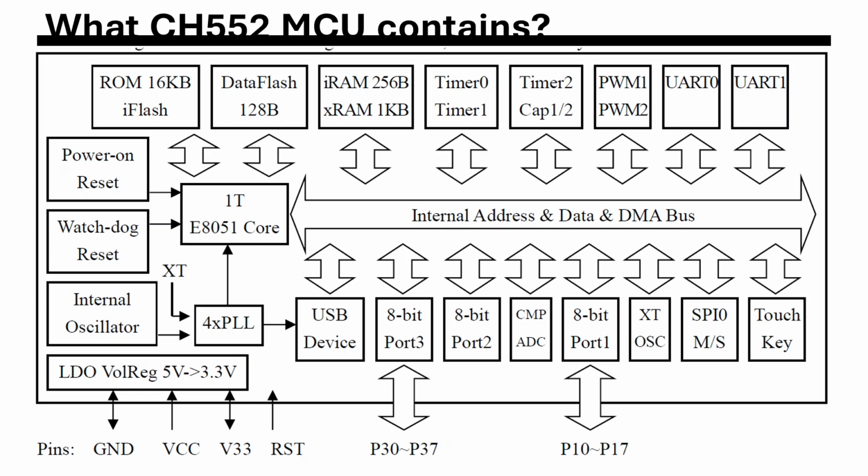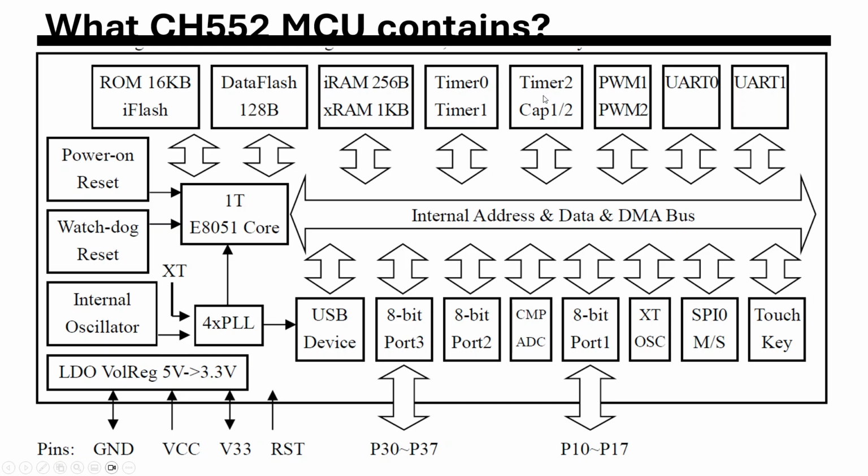So what does this contain, right? As I'm reiterating, and you might feel that this is again a reiteration: 16 kilobytes of ROM, which is flash, data flash of 128 bytes, iRAM of 256 bytes, and XRAM of 1 kilobyte.